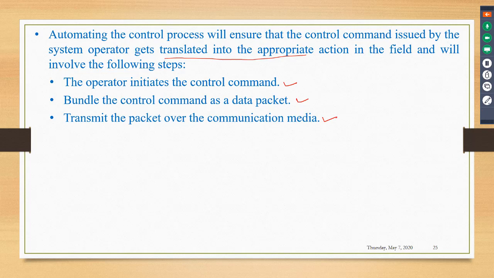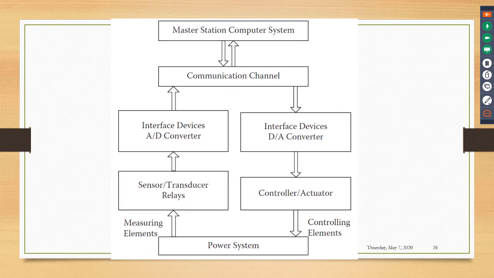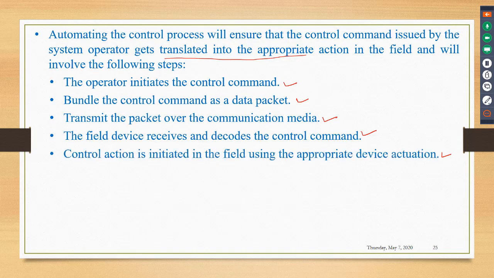So these are all functions of SCADA. This is the control action. The field device receives and decodes the control command, and control action is initiated in the field using the appropriate device actuation. So this is all about the control action.